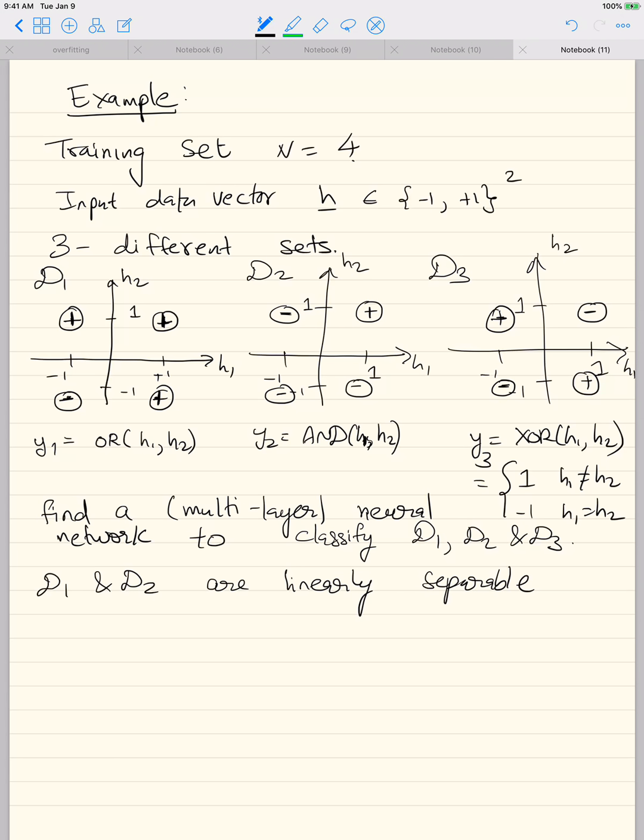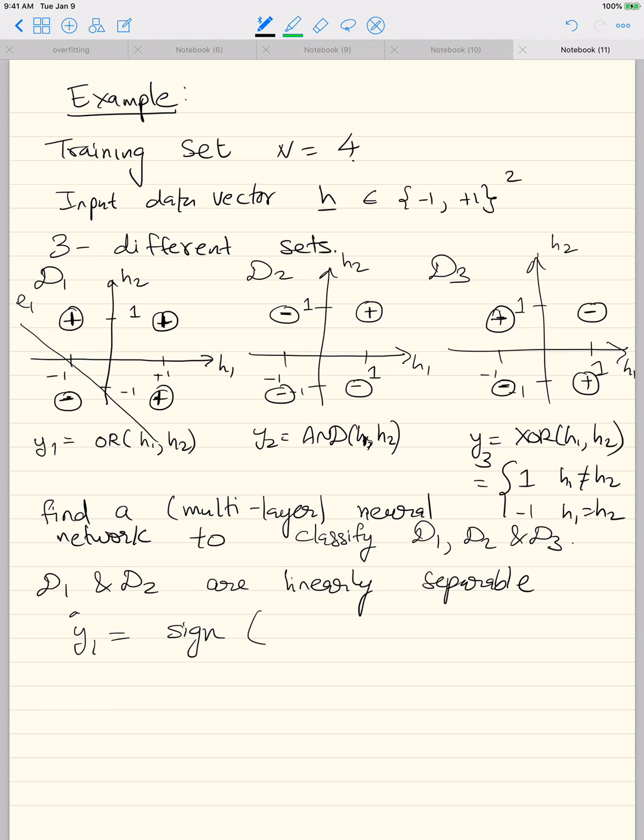So for D1, I can draw a line like this that separates the three plus values from the minus value. There are many equations of the line, and the one that I will select for illustration is the following rule.